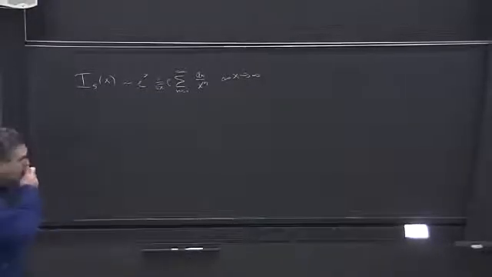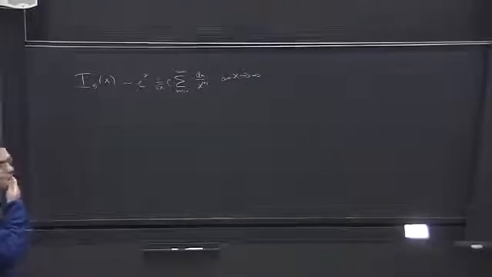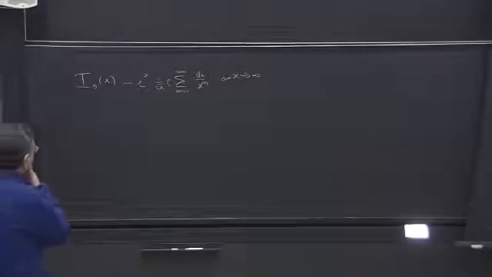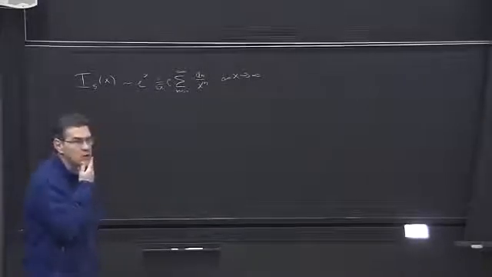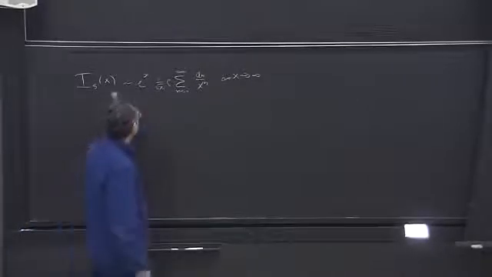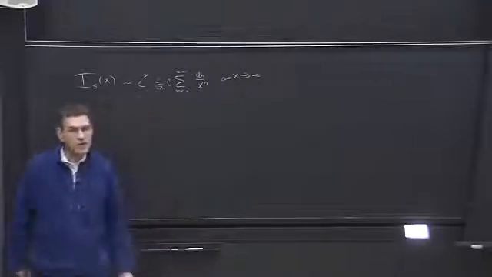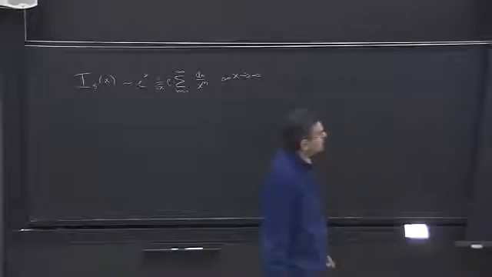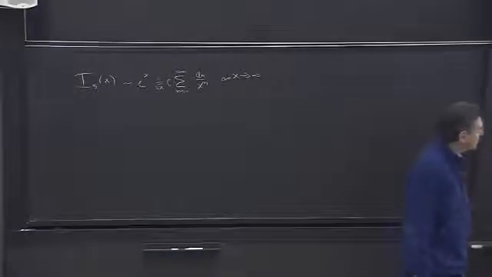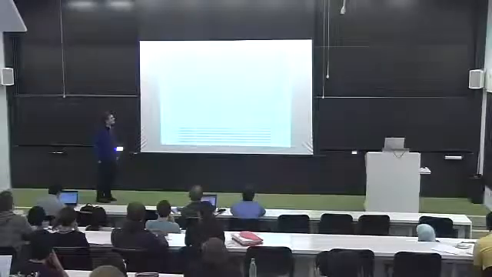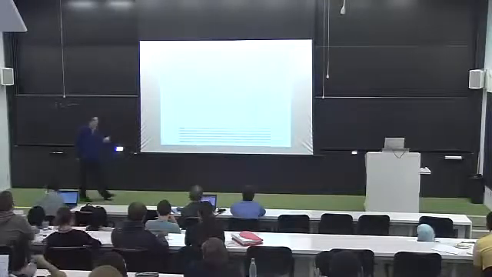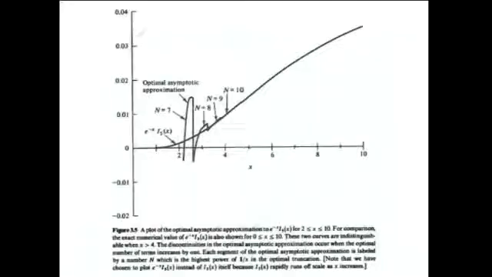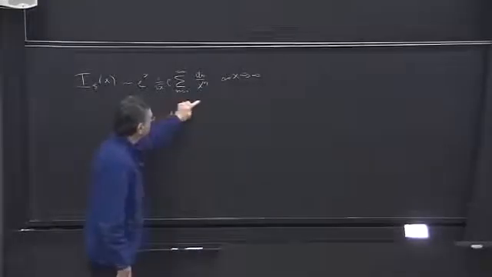And the question is, how well can we approximate the Bessel function using this asymptotic technique? And so what I plotted here was the question of how well this asymptotic series works, and when does it become good?